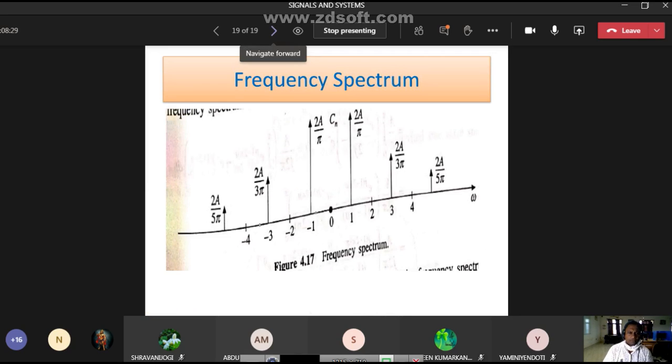Its magnitude is always 2a by pi, and this is 2a by 3 pi, 2a by 5 pi. As n value increases these decrease. For 6 it becomes 0, for 7 it is 2a by 7 pi, like that. So the values change from one to another. This is the exponential Fourier series representation of the given signal.